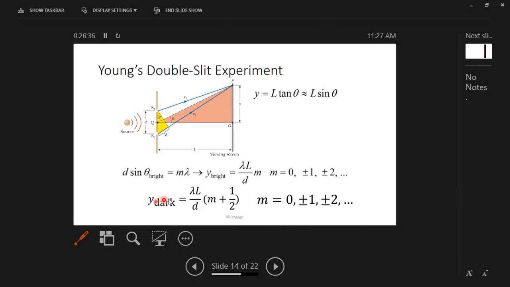Now, in order to see what I mean by this, let's look at a situation where I am just looking at the screen and where the dark and bright fringes are. So this is what I have here. This is the screen. I know that for the bright fringes, the y location ended up to be m lambda L over d.